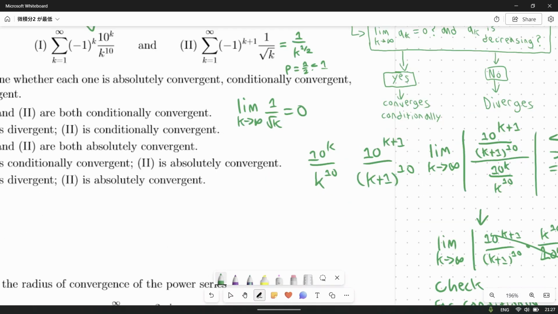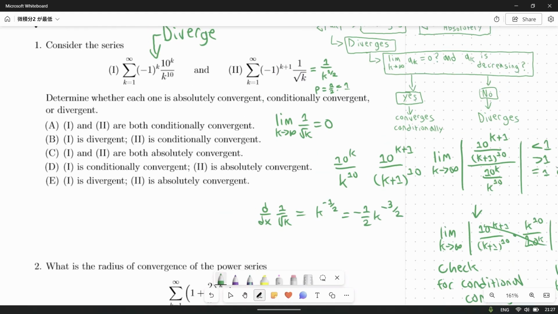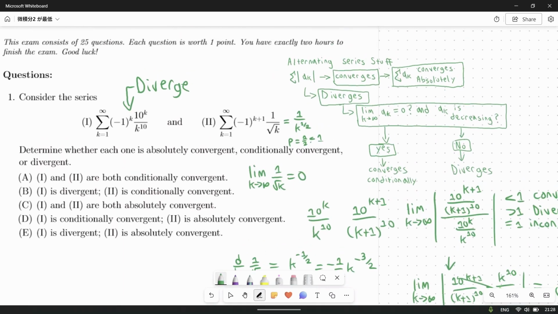The derivative of 1 over root k, I forgot what that was off the top of my head, so let me evaluate it real quick. That's the derivative of k to the negative 1/2, which is equal to negative 1/2 k to the negative 3/2. So we have a negative derivative, and we can prove using that derivative that this series is decreasing, and the limit is 0. And so the second series is going to be conditionally convergent.